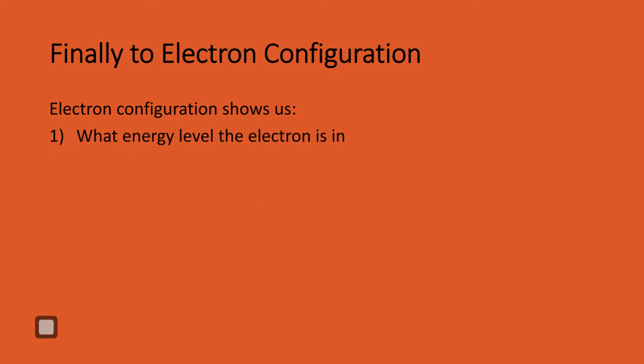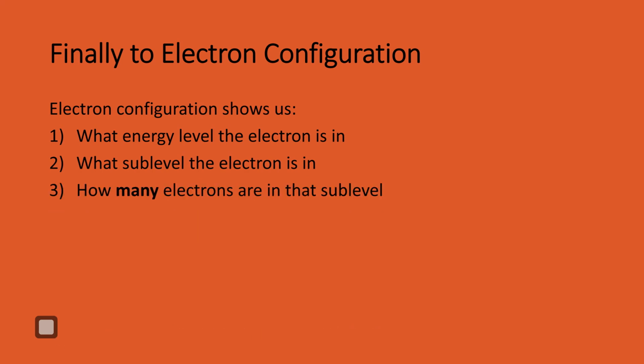So this now leads us to, let's actually write out the electron configuration. The electron configuration will tell me what energy level the electron is in. It'll show me what sublevel the electron is in, and it'll show me how many electrons are in that sublevel. So I need a number for the principal energy level, a letter for the sublevel, and then a way to show the electrons. This is just showing you a portion of an electron configuration, 2p4.